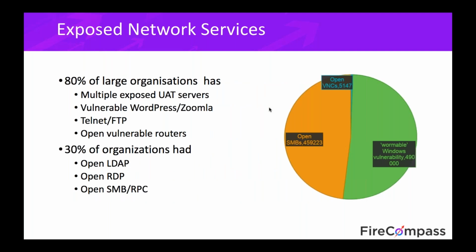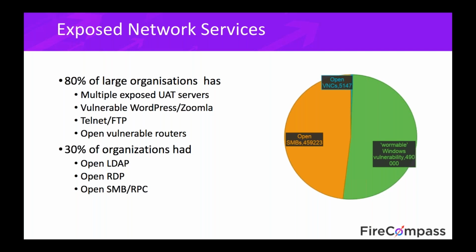We also found that 30% of the organizations have open LDAP or RDP or SMB, and you know that many of these are being exploited by the malware. 80% of large organizations have multiple exposed UAT servers. So UAT or pre-production systems actually can become a very big risk. And the reason is that in a lot of cases, it's very frequent that the development team, the developers would put production data in pre-production systems.